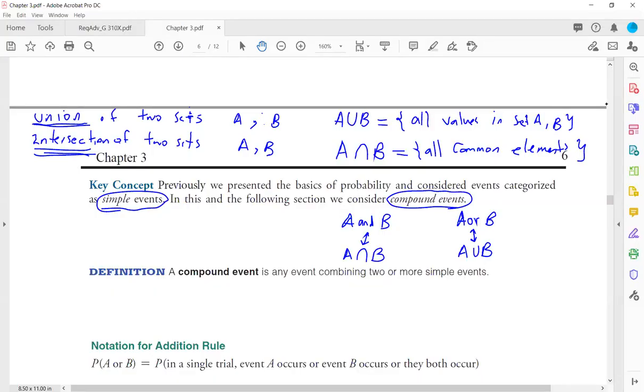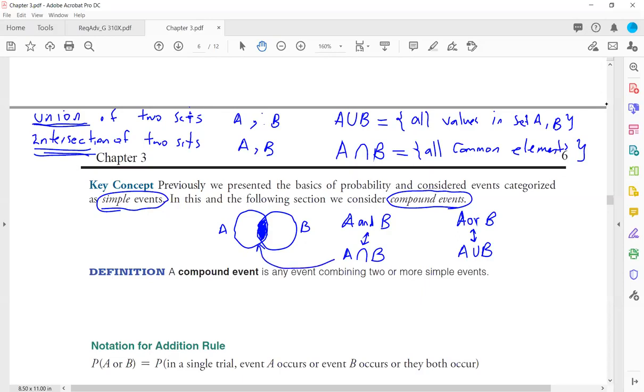So for intersection, if this is set A and this is set B, the intersection is going to be the overlapping part between these two sets.